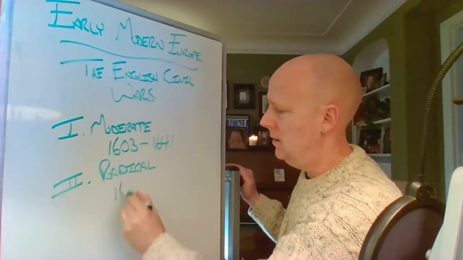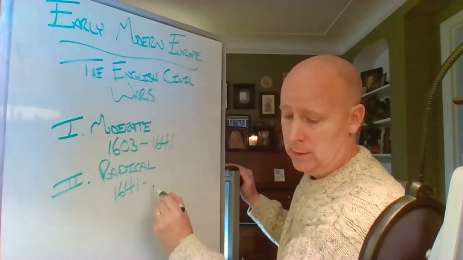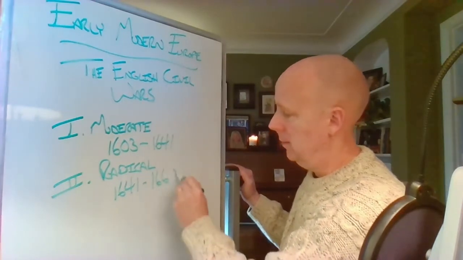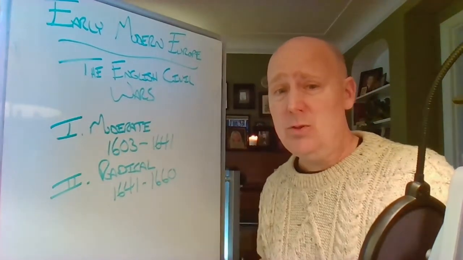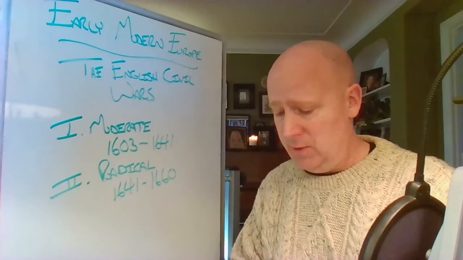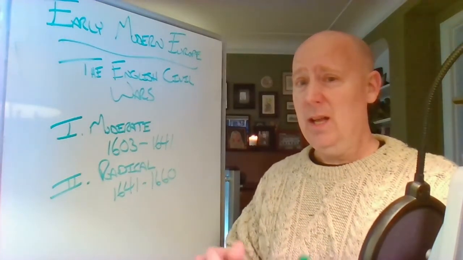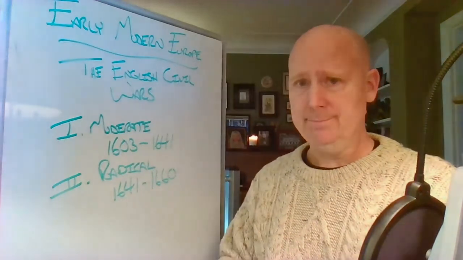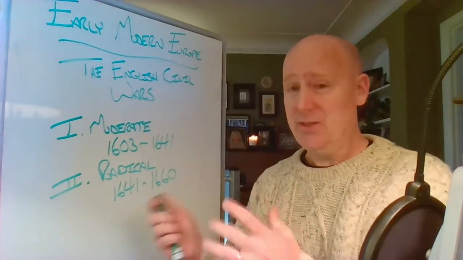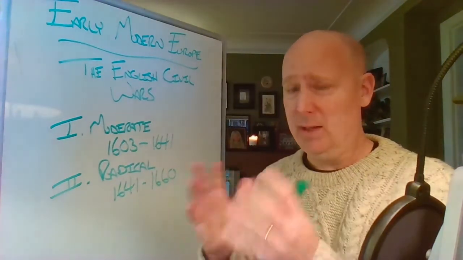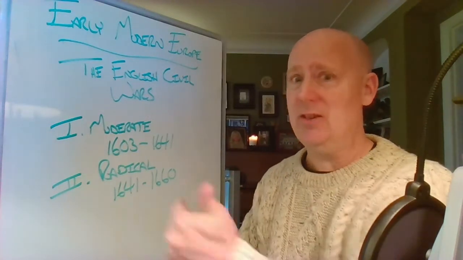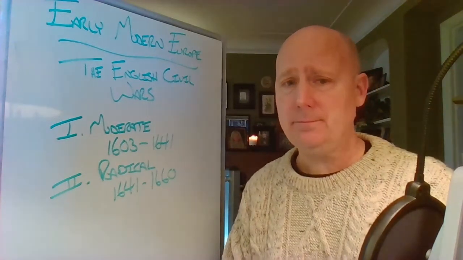And this is 1641 to 1660. Historians will actually argue that it is between 1641 and 1660 that we really should talk about multiple civil wars, because there really is a bit of a series of conflicts.